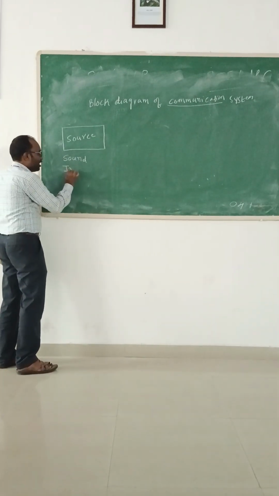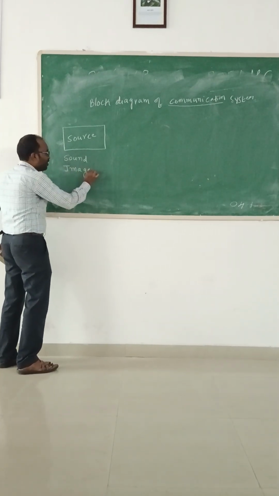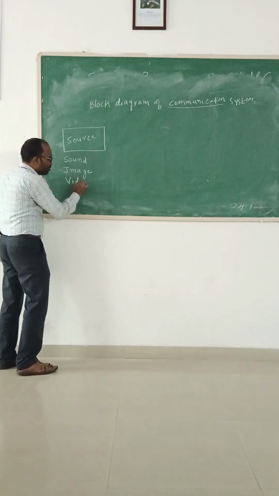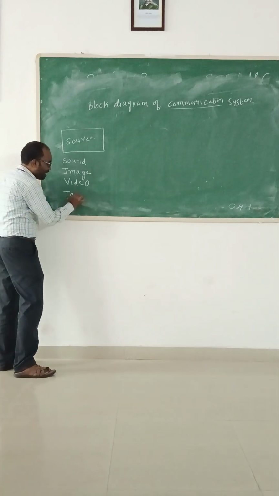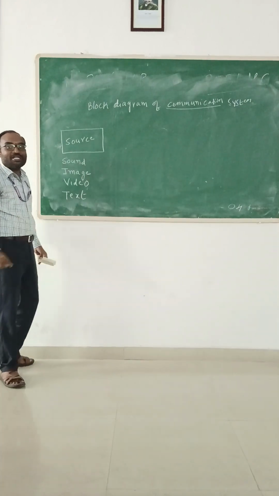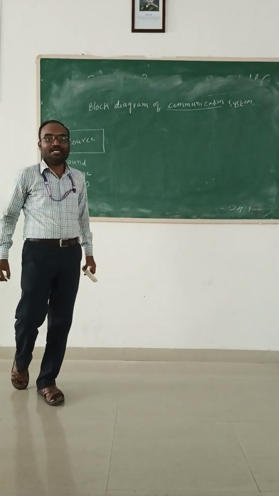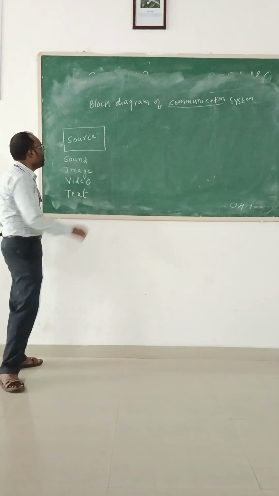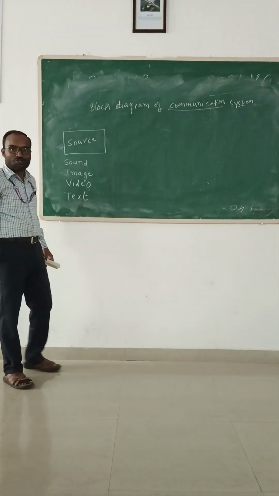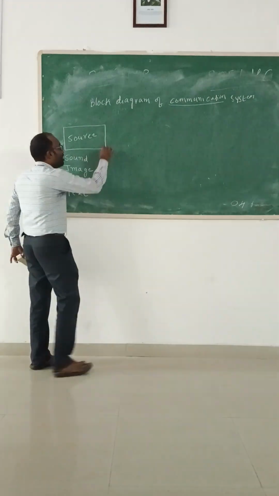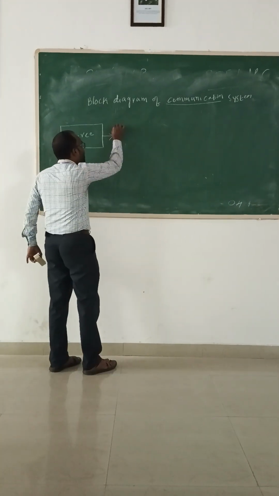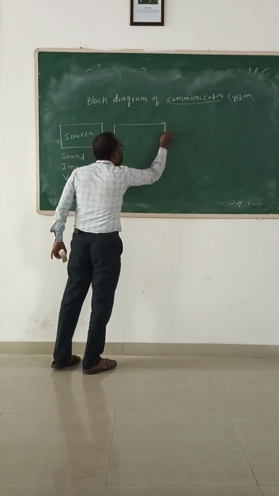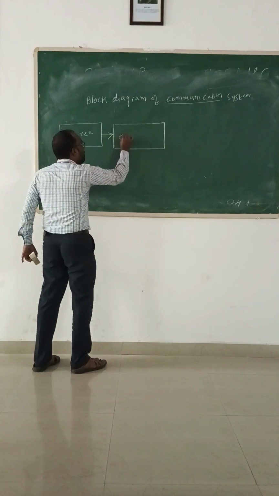Image is another kind of information. Video is also another kind of information. Text is also one kind of information. So the information may be in any form given by the source. This information given by the source is given to the channel.